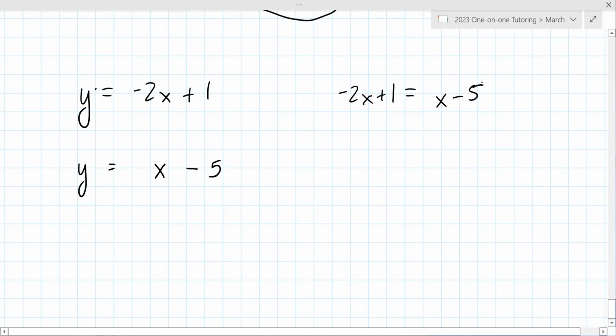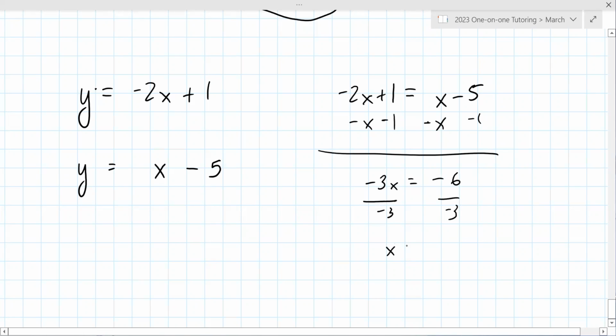Yeah, subtract x from both sides, subtract 1 from both sides. That should give you minus 3x equals minus 6. Divide by minus 3. x equals 2. And then you can use either equation. They both will give you the same answer. Plug it in.